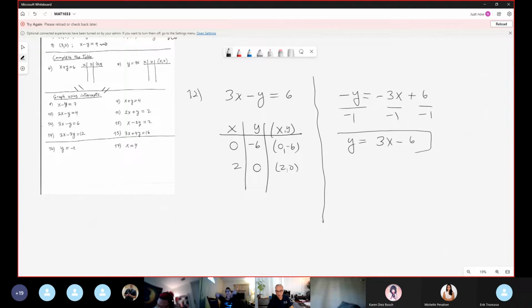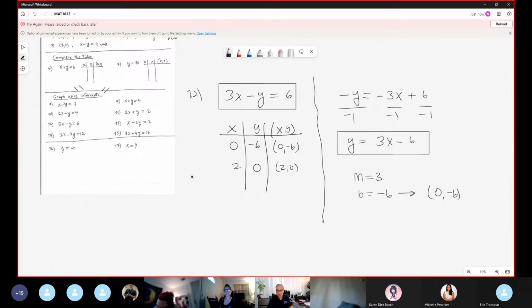Entonces now I have an identical equation, but this is slope-intercept form. I recognize that the slope is 3, the coefficient in front of x. I recognize that b is -6. Therefore, I infer automatically that the y-intercept is (0, -6), the same conclusion we got before.